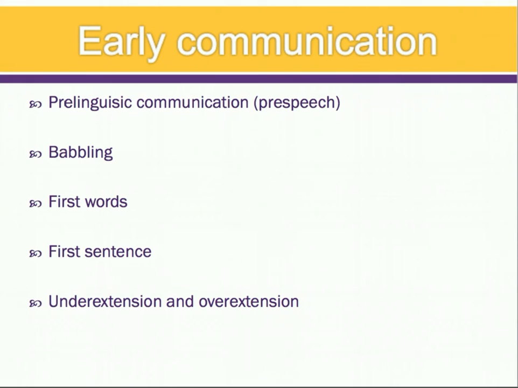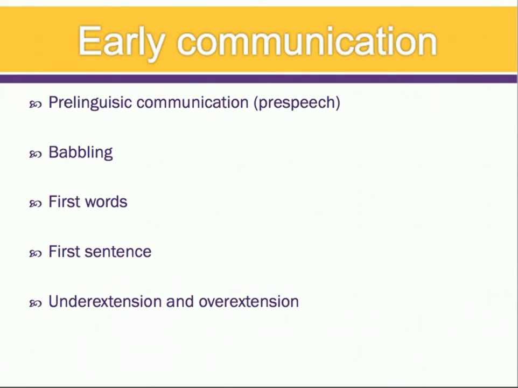Now, by 6 months, the babbling actually starts to reflect the sounds that they're exposed to, to the point that untrained listeners, so you or I, could actually distinguish the language that children are babbling in. French, Arabic, and your book also mentions Cantonese, but it's pretty much across the board.